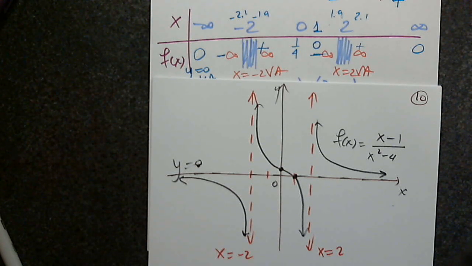From positive infinity, crossing at 0, 1/4, crossing at 1, 0, going to -infinity, where x equals 2. And from positive infinity down to 0. This is incorrect. They're not overlapping, they're not touching, but the calculator is not perfect. How do you do this? Zoom and 6 for the standard. Better?